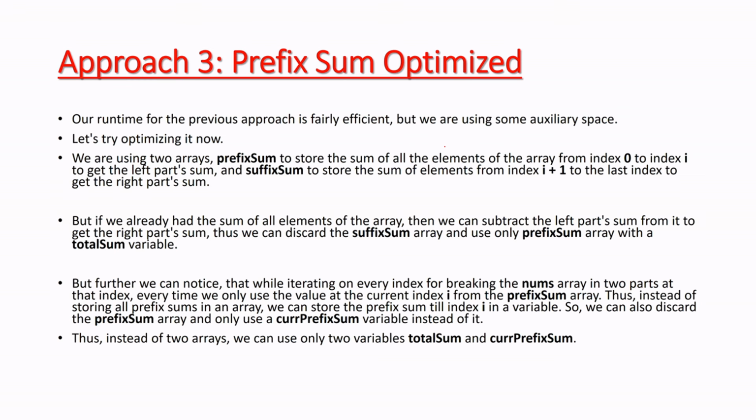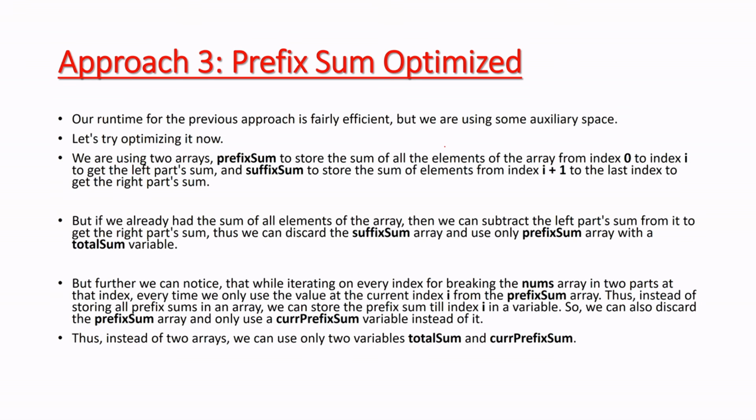But if we already have the sum of all the elements of the array, then we can subtract the left part of the sum from it to get the right part of the sum. Thus we can discard the suffix array, and we will only use the prefix sum array with a total sum variable.